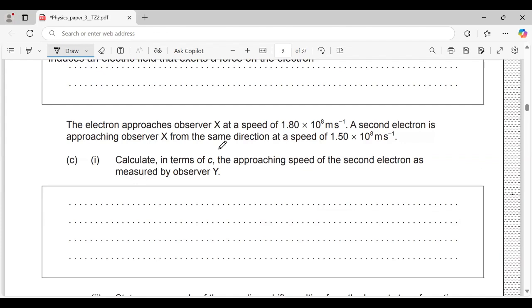We need to use the relativistic velocity addition formula. Its formula says that Vxn is equal to V2 minus V1 over 1 minus V1 V2 over c squared.